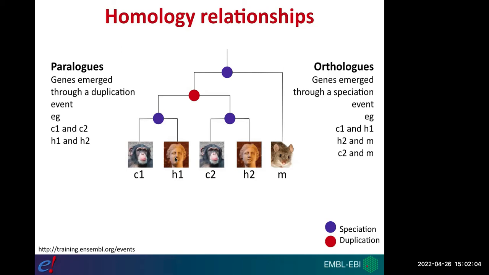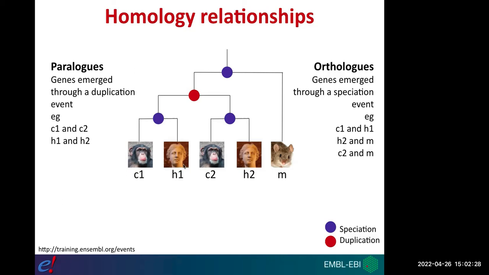The other type of homology relationship that we can think about are the paralogs. These are genes that have emerged through a duplication event. So these are two genes within the same species where the gene has been duplicated within the genome, and they've obviously diverged over time to have maybe similar or different functions. This is an example of H1 and H2.